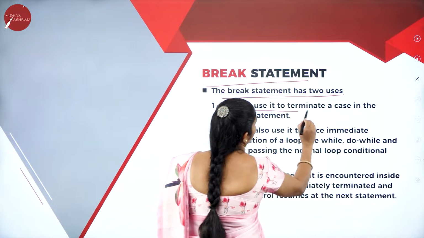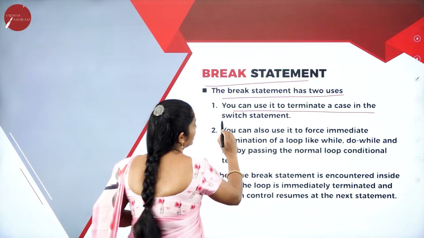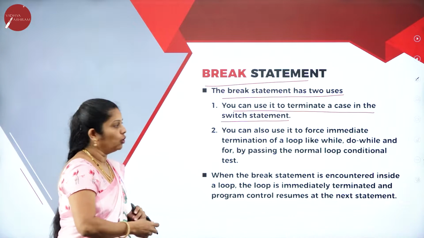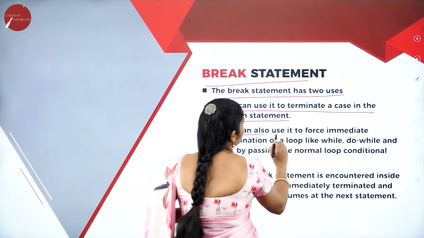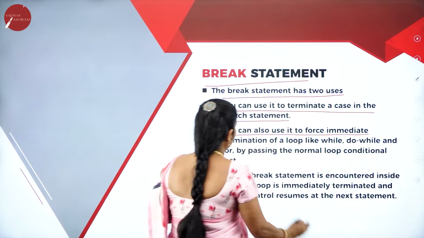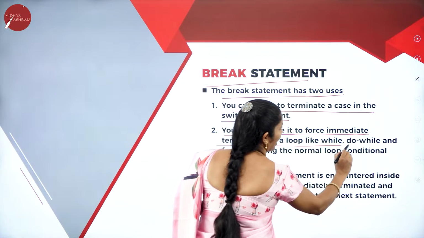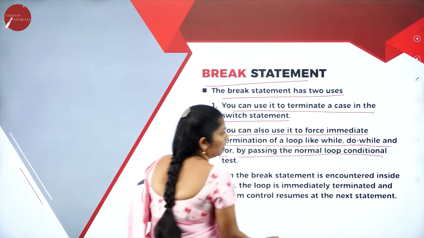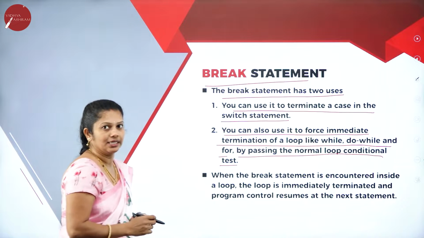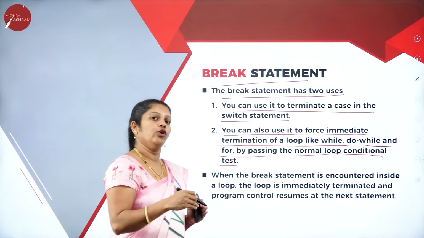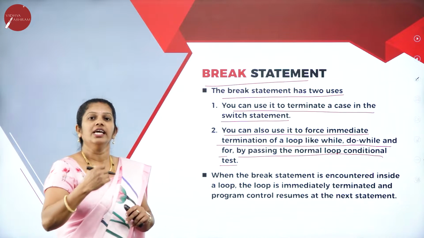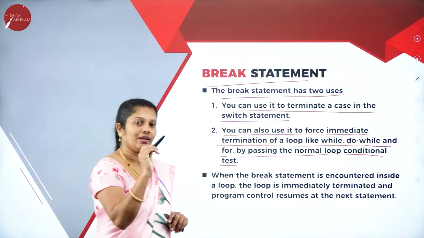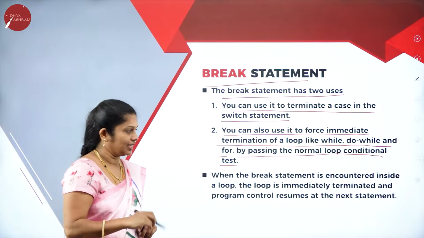You can use it to terminate a case in the switch statement, and you can also use it to force immediate termination of a loop like while, do while, for, bypassing the normal conditional test. We can use this in a while loop, do while loop as well as in a for loop. With that, in the switch statement also we can use this break statement. This break statement helps to come out from the loop itself.